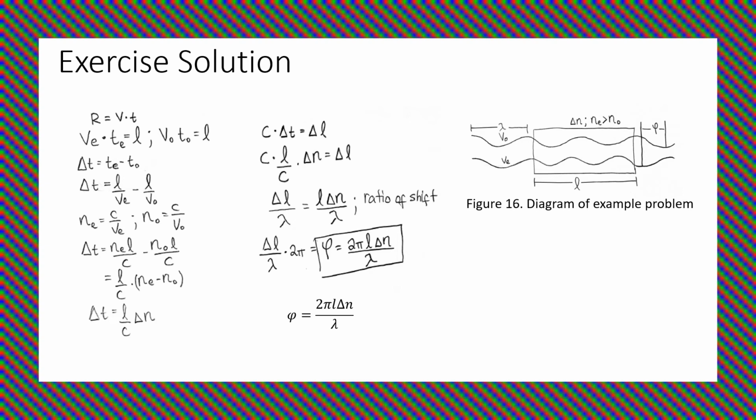To express it as an angle, we multiply delta L over lambda by 2 pi, which gives phi equals 2 pi L delta n over lambda.